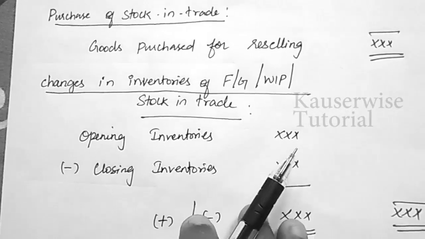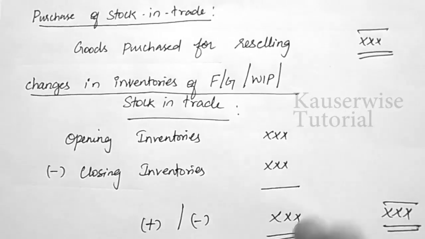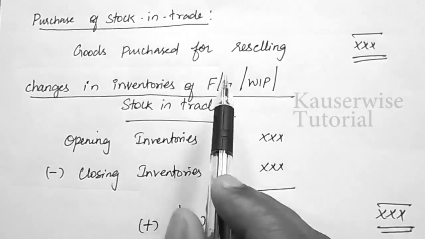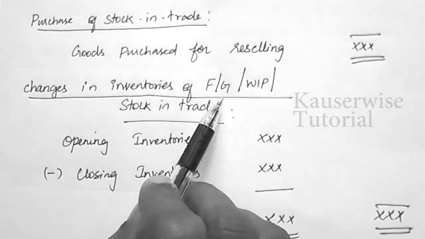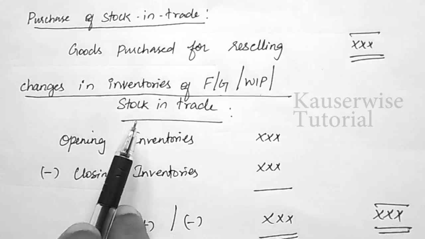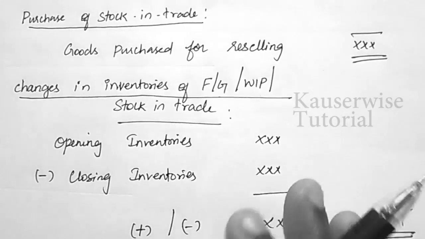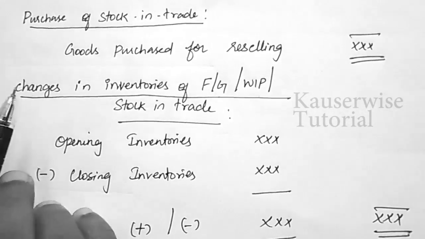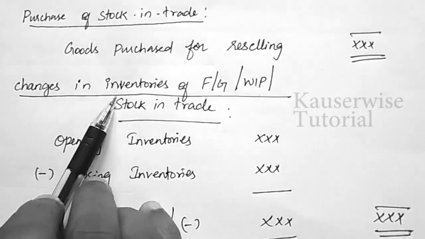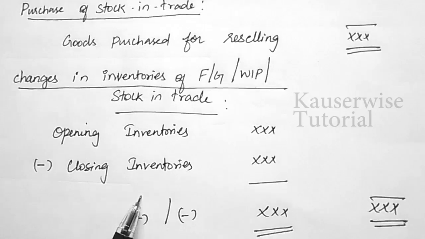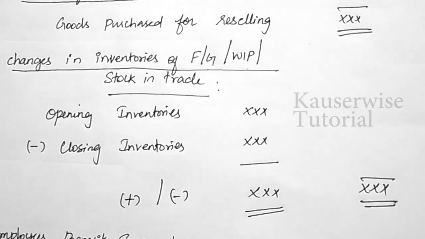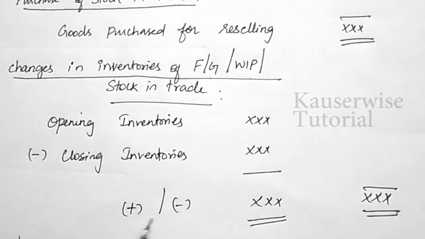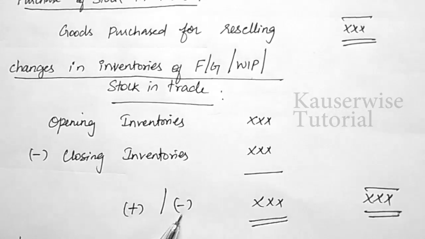In case of other companies, those who have inventories in different forms, for example, inventories of finished goods, work in progress and stock in trade, if you have inventories in three different forms, you need to record the changes. If there is any change between the opening inventory and closing inventory, that will be recorded separately. So there is a possibility of getting a positive value or negative value.